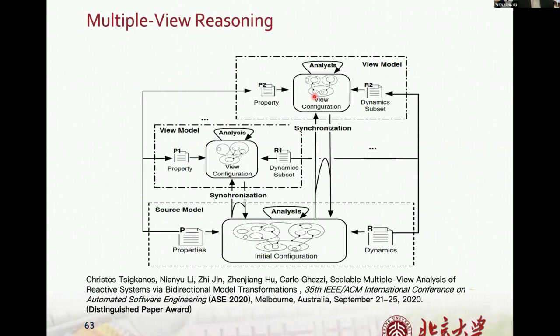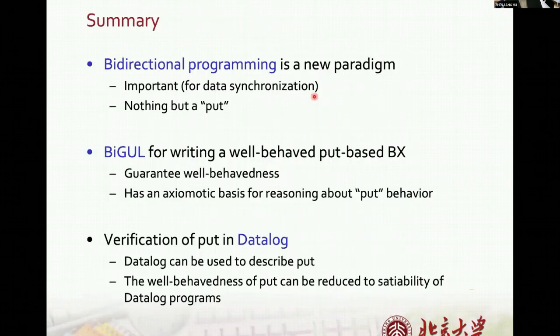So, coming to the summary, almost out of time. I think bidirectional programming is a new programming paradigm. It's quite important, particularly for data synchronization. And when we do this programming, it is nothing but developing put-back. We show two methods for dependable bidirectional programming.